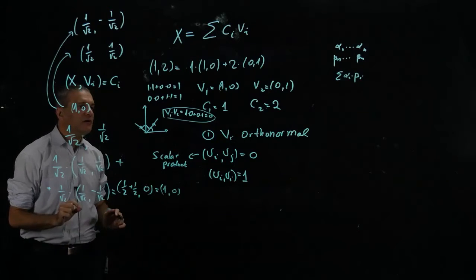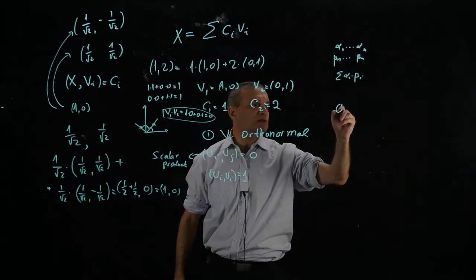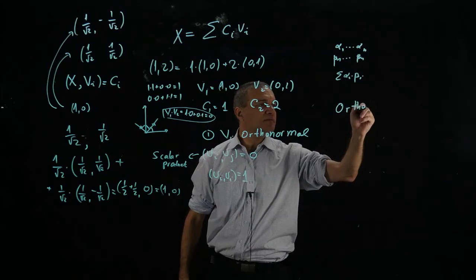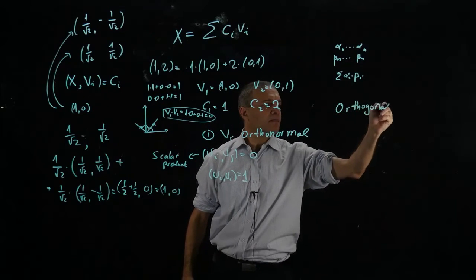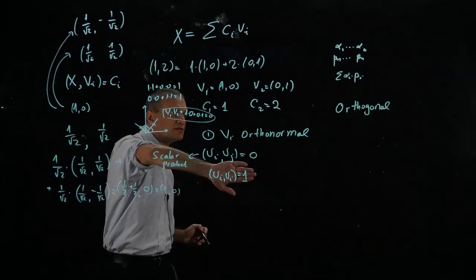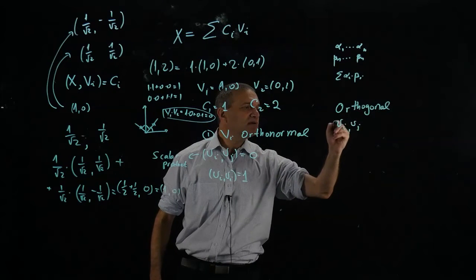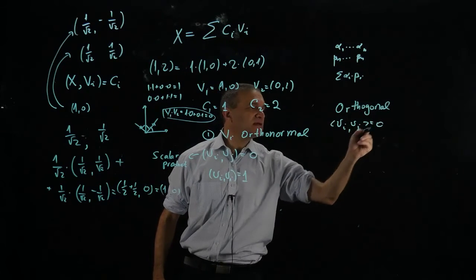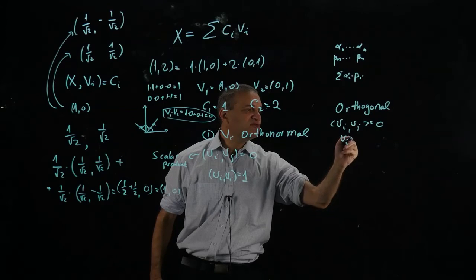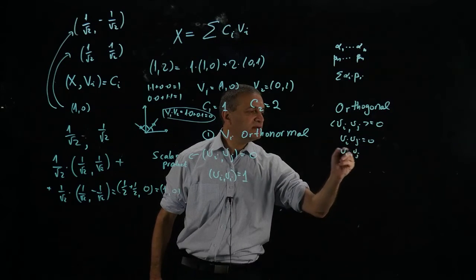Okay? Now, what happens when you have orthogonal? What does it mean to be orthogonal? Orthogonal means that you are almost orthonormal but without the normalization condition. So all you have is that the scalar product of Vi and Vj equals 0, or Vi dot Vj equals 0, or the bracket notation of Vi, Vj equals 0.